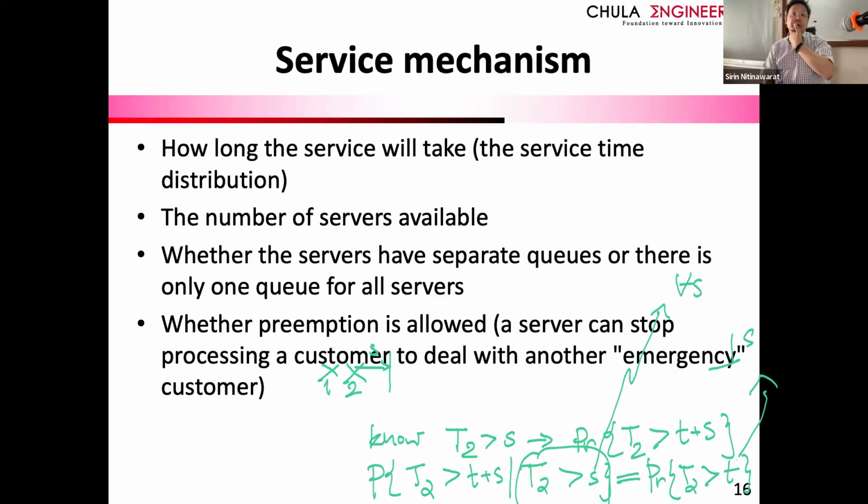But for the typical situation, as I mentioned, all customers are treated democratically, subject to the same distribution, and typically no preemption is allowed. The first one that comes in should be the first one that goes out. So that's the service mechanism.